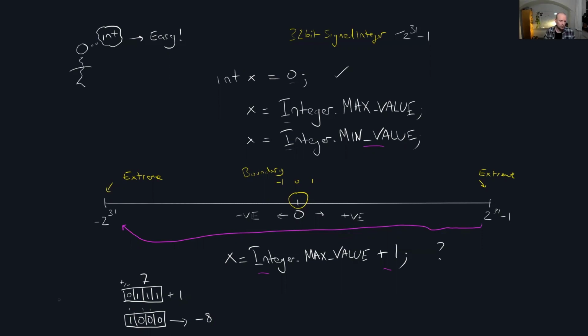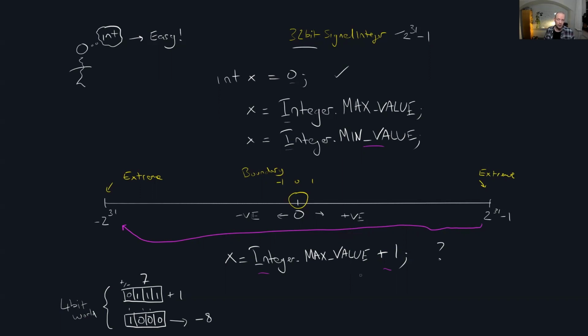Again, this is my simple 4-bit world, but the rules don't change with Java's much larger 32-bit signed integer range. You could be happily incrementing something by 1, and it could flip over to a negative value without you even noticing.